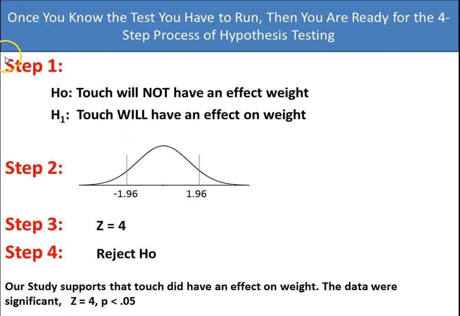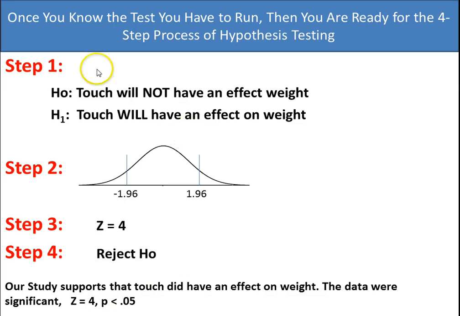You would begin with step 1, where you would name the hypotheses. There are 2 of them. Then in step 2, you'd set a critical region. In step 3, you would do the math. And in step 4, you would make a decision. After you completed the 4 steps, you would write up your results.